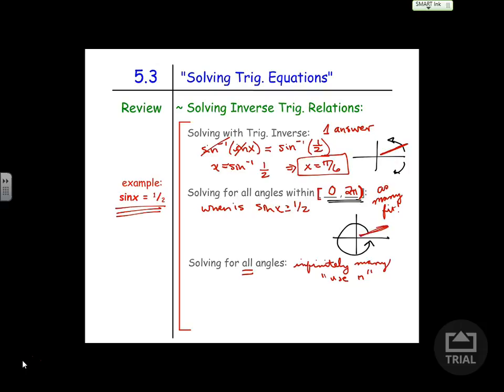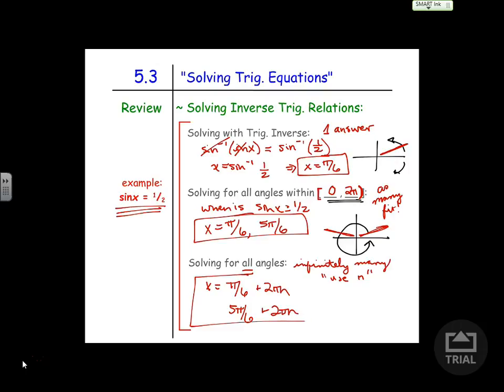Yes, at pi over 6, but also at 5 pi over 6. And we don't do any more because we're only going around the unit circle once, as 0 to 2 pi shows. Hold on, give me 1 second. For all angles, what changes is we say, yeah, take those two. However, say, by the way, all their coterminals also.